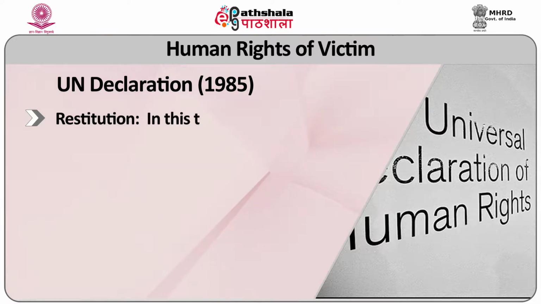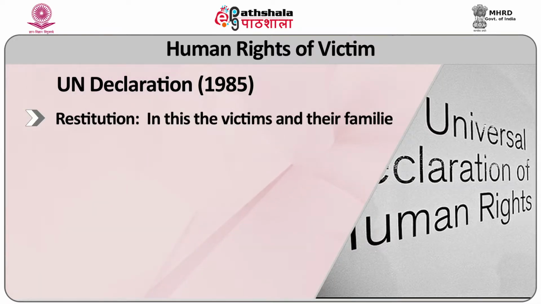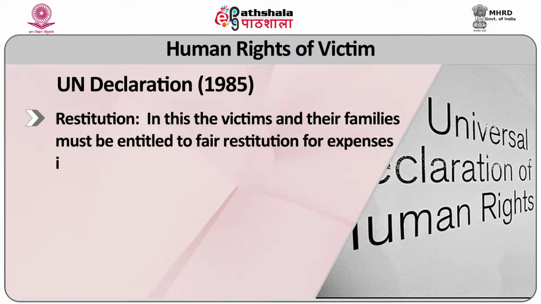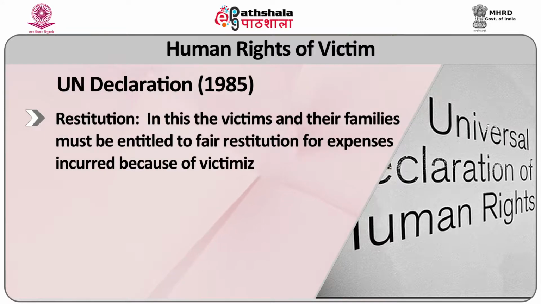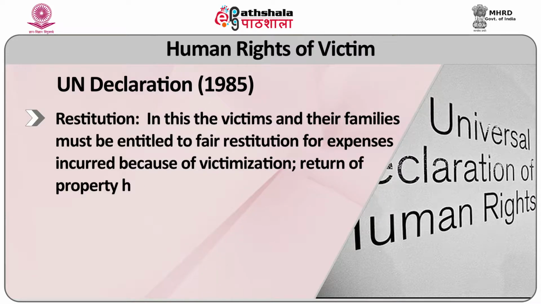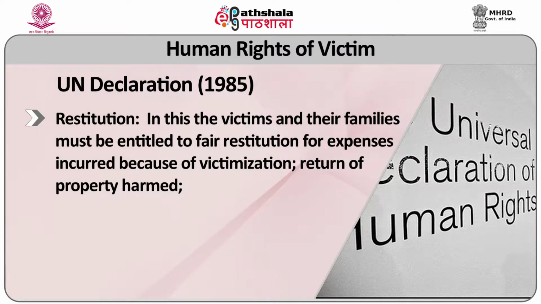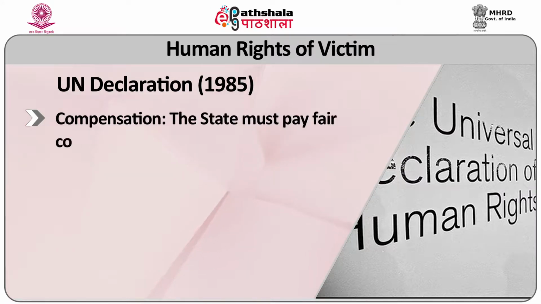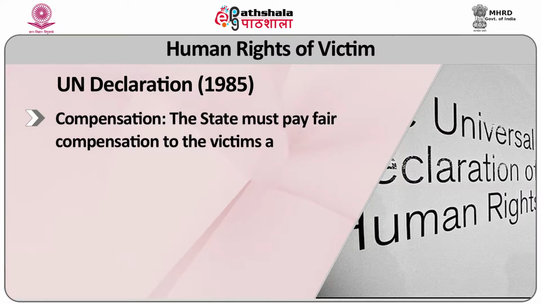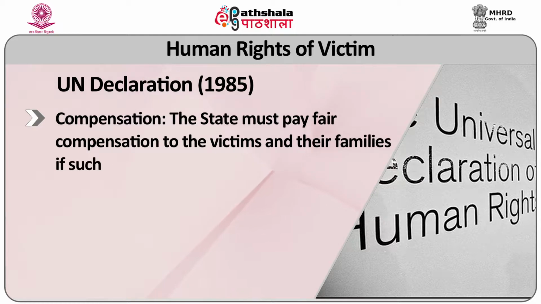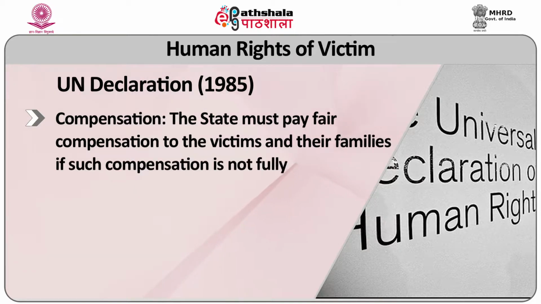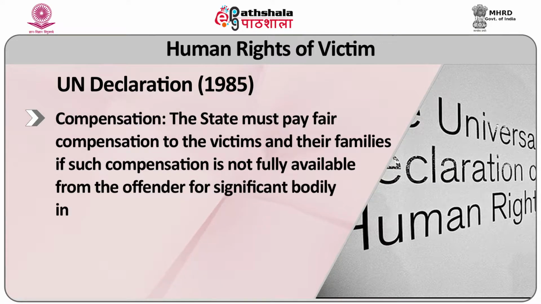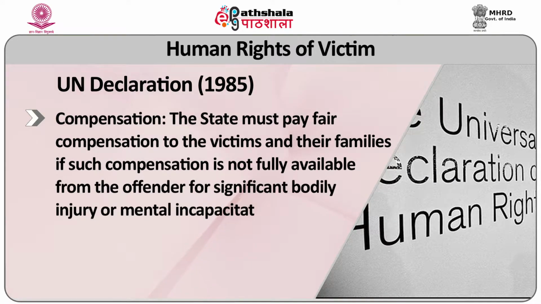Restitution is an important part. In this, the victim and their families must be entitled to fair restitution for expenses incurred because of victimization, and return of property harmed. Then compensation. The state must pay fair compensation to the victims and their families if such compensation is not fully available from the offender for significant bodily injury or mental agony.